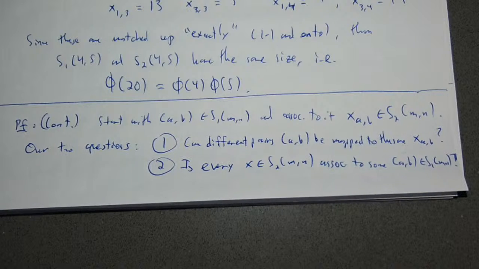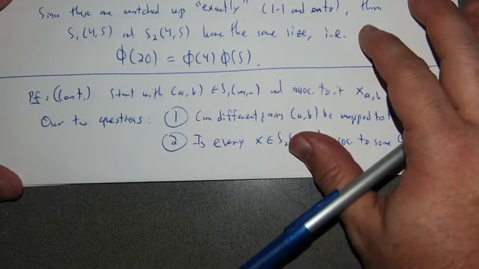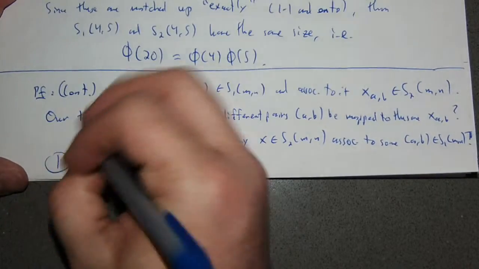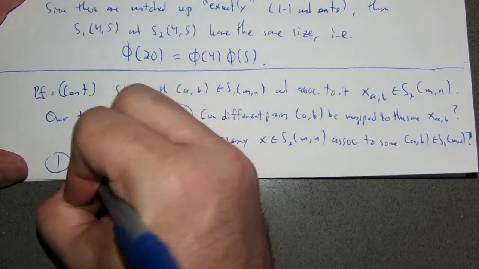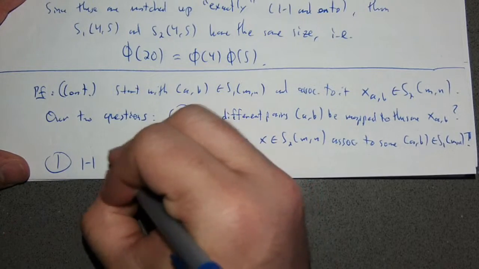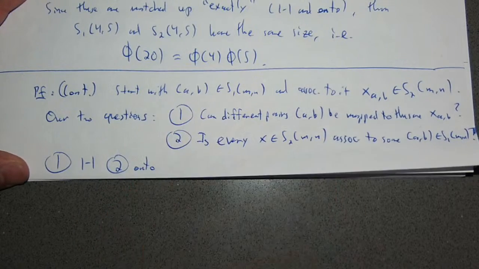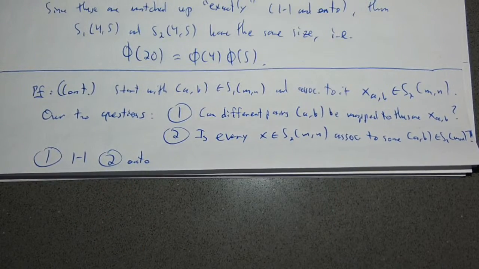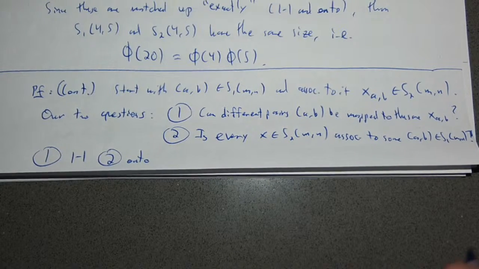As I said, you might recognize one as one-to-oneness, and two as onto-ness. So the first one is injectivity, and the second is surjectivity in the language of set theory.